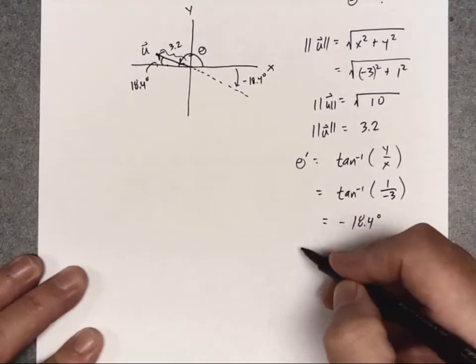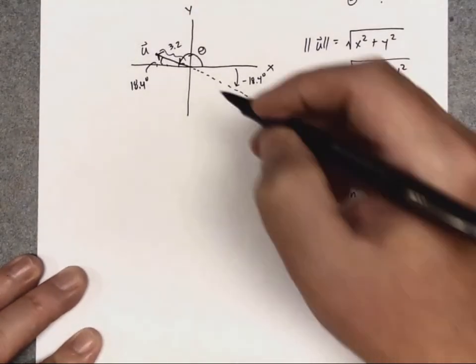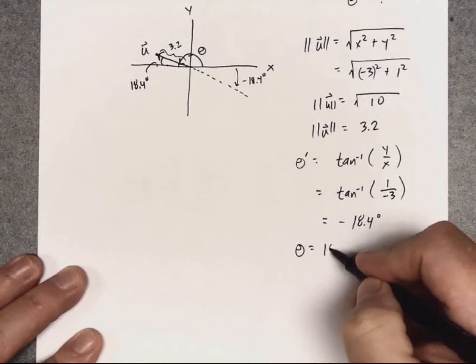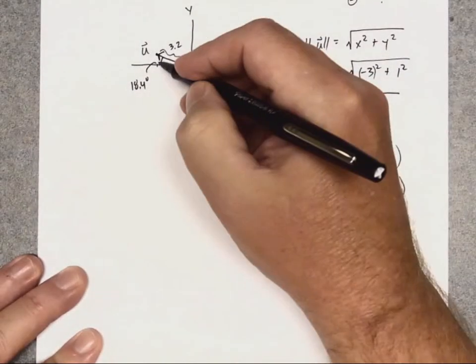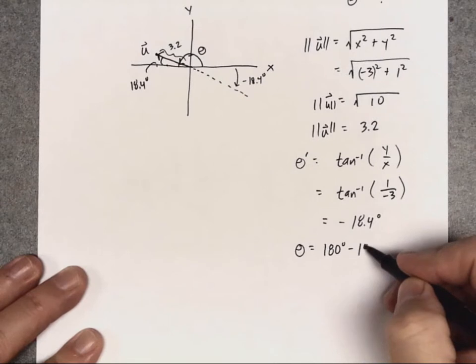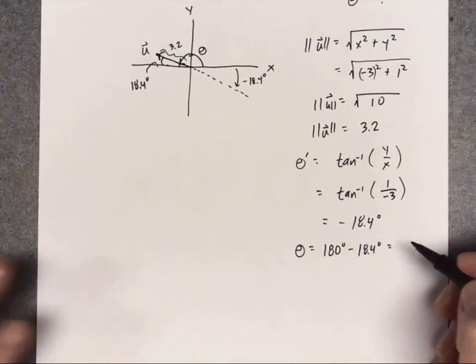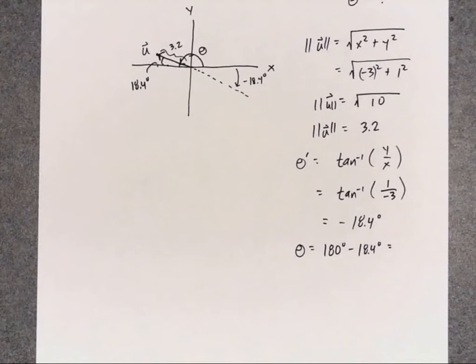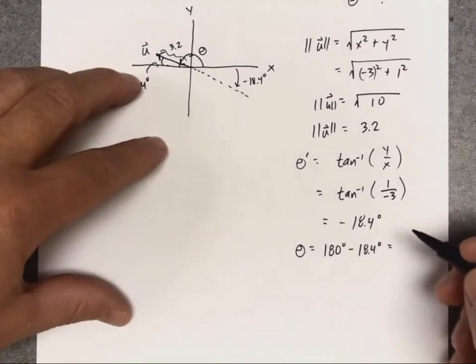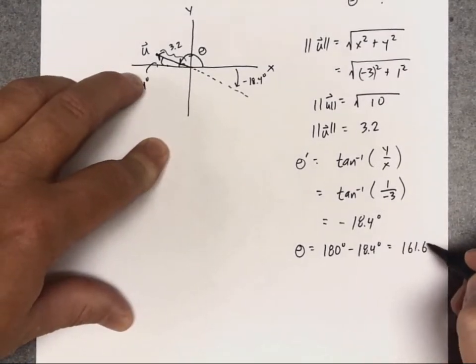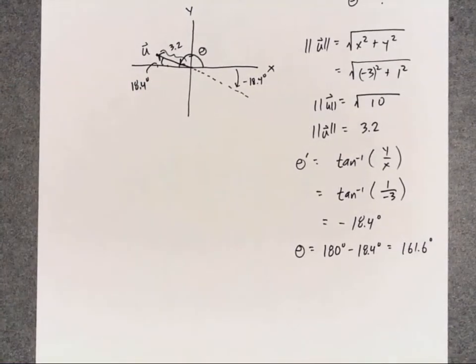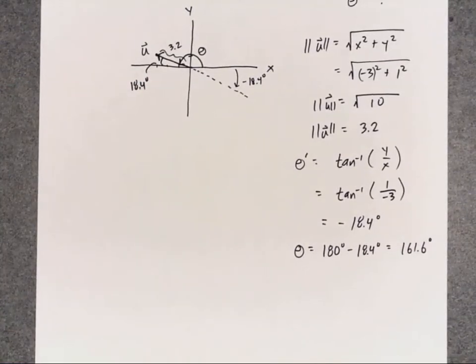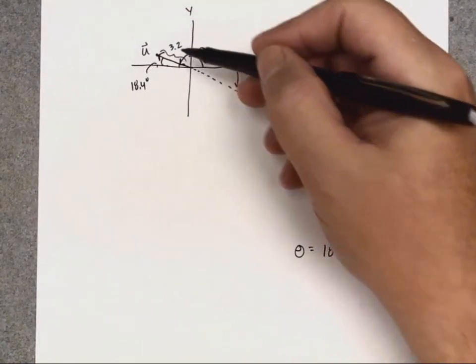So really, the angle for my vector is 180 degrees minus the 18.4 degrees. For this vector u, 180 minus 18.4 is 161.6 degrees. And that makes sense. We know all the way across would be 180, and we're a little bit short of that.